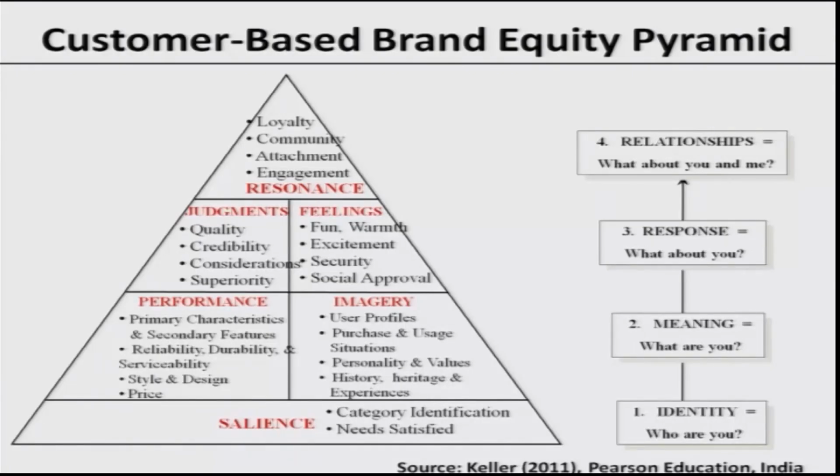The next stage is what are you, the meaning of that brand. The third stage is, with respect to this identity and meaning, what is the response of the customer. And the last is what is the connect that gets created between the customer and the brand. So, this was the brand resonance model.